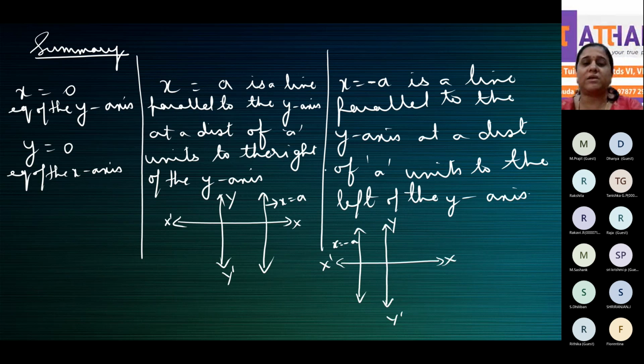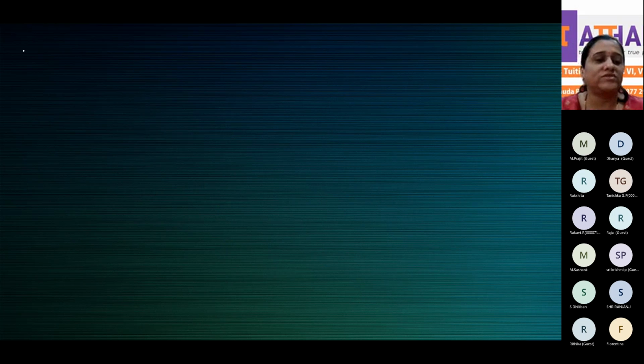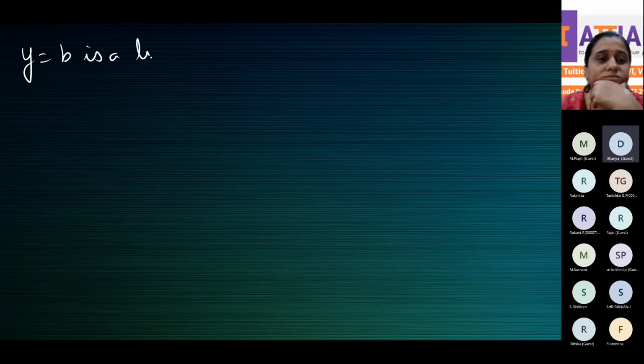Now you will have to help me write the others with the help of these two. Tell me in the same way, using x is equal to a and x is equal to minus a, for y is equal to b and y is equal to minus b. So first tell me for y is equal to b. Is it a line parallel to the x-axis at a distance of b units? Let me write along with you.